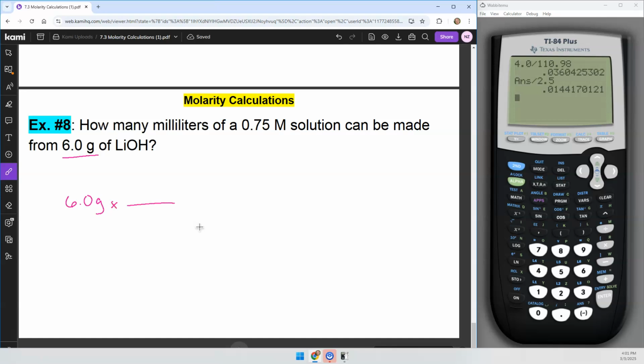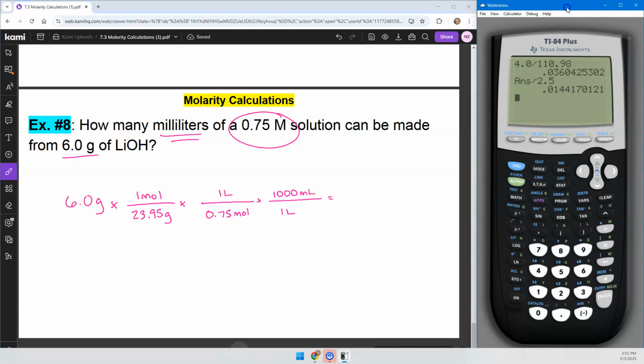So converting this into moles, it's 23.95 grams in 1 mole. Our molarity is 0.75, so that means there's 0.75 moles in 1 liter. And since the question's asking for milliliters, for every 1 liter, there's 1,000 milliliters.